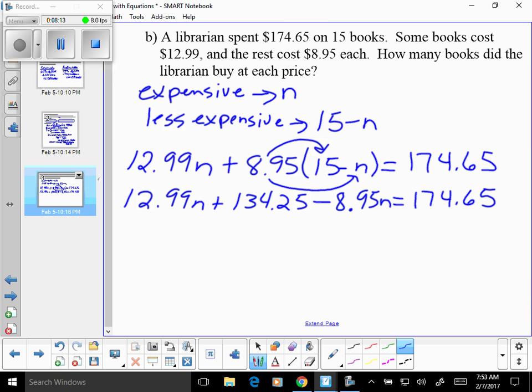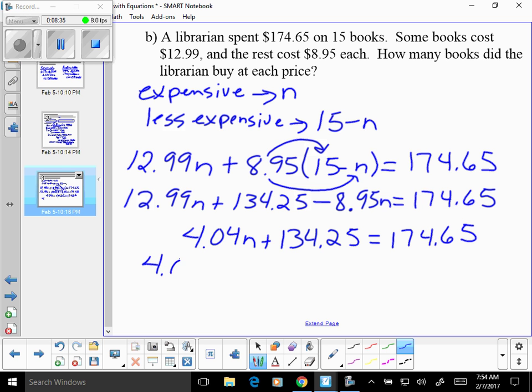Now, stop and think. What are we going to do? We have some like terms, the 12.99n and the 8.95n. We're going to subtract that and get 4.04n plus the 134.25 to equal the 174.65. Now you're down to that two-step equation that you've been dealing with for a while in your math journey.